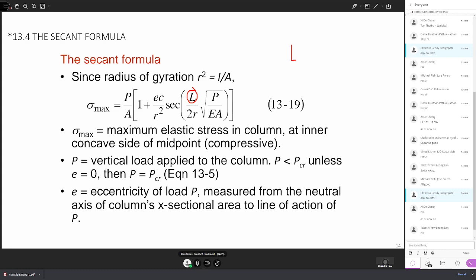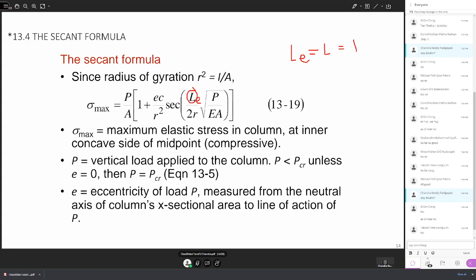It becomes only L when both ends are pin connected. Otherwise, we have to use the effective length. So you can always keep this formula as LE, and set LE equal to L if the problem states that both ends are pin connected.